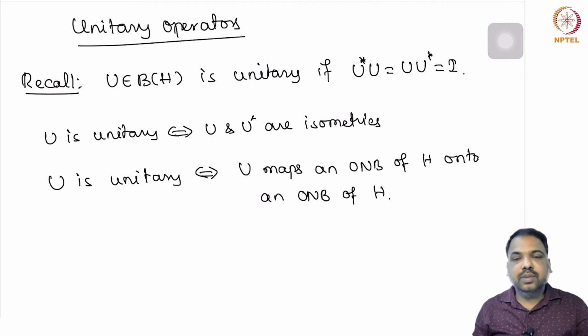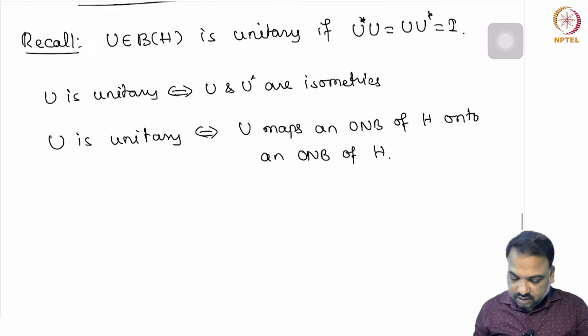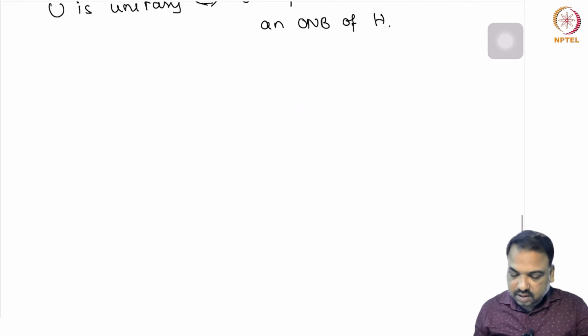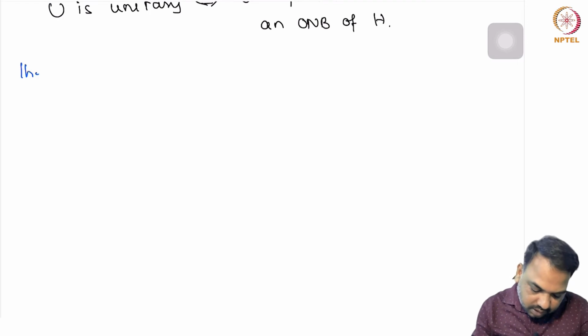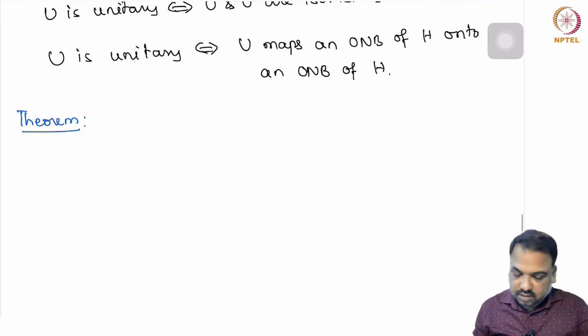So these are the two important characterizations. In fact, from the definition we can actually obtain many important characterizations of unitary operators. The proofs are similar to the earlier characterization of isometries.